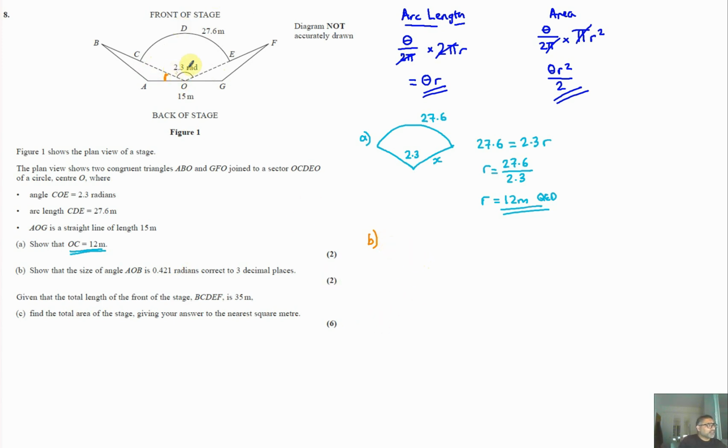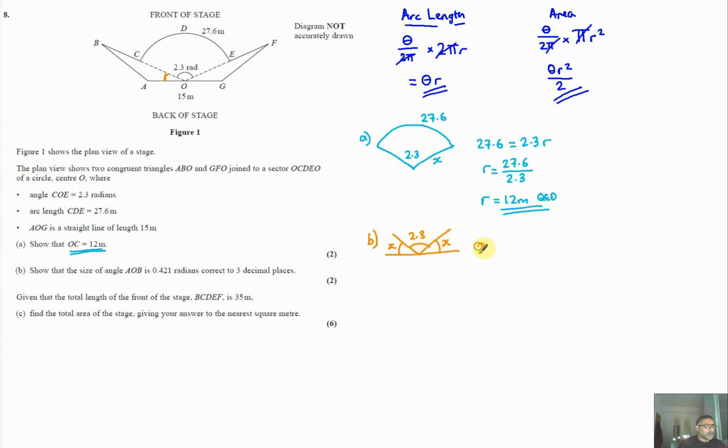Now if you look at the situation you've got here, that's a straight line. These two triangles have been told that they're congruent, so there's a lot of symmetry going on here. So you've got a straight line, you've got an angle of 2.3 radians, and then this angle here must be the same as that due to the symmetry of the shape. We know that angles on a straight line are 180 degrees or pi radians.